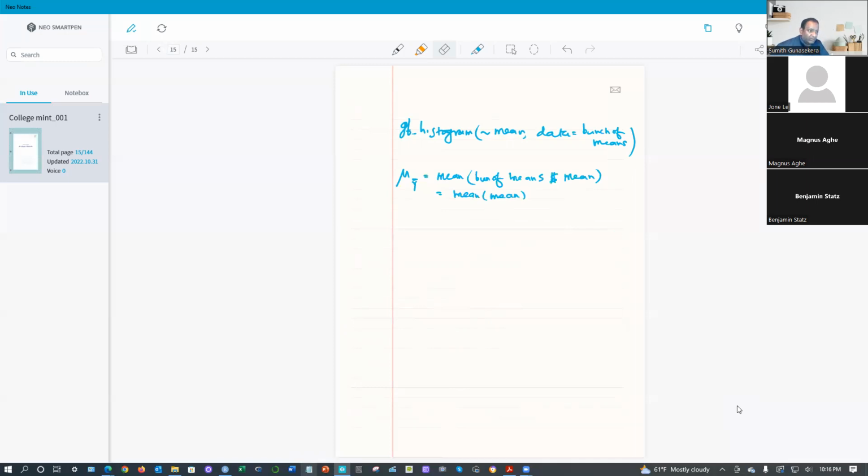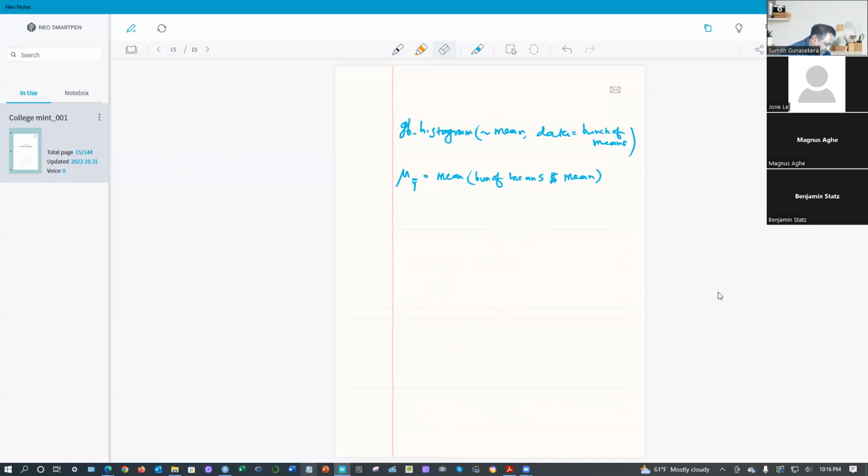Sorry, I cannot go to the data variable. It's bunch of means and means. It has not been built up into a data frame; the data frame is already there, bunch of means and means. That's the mean.